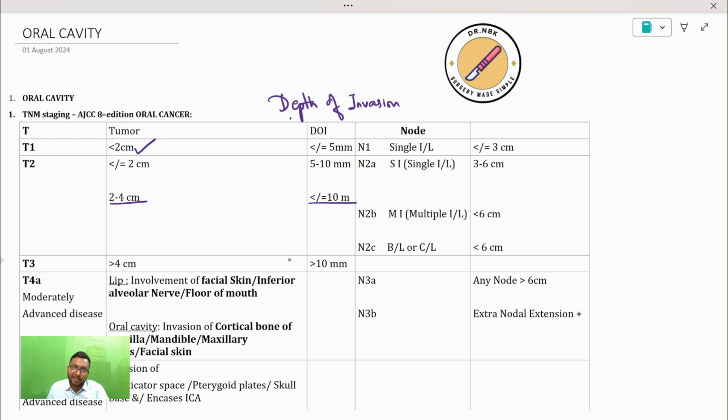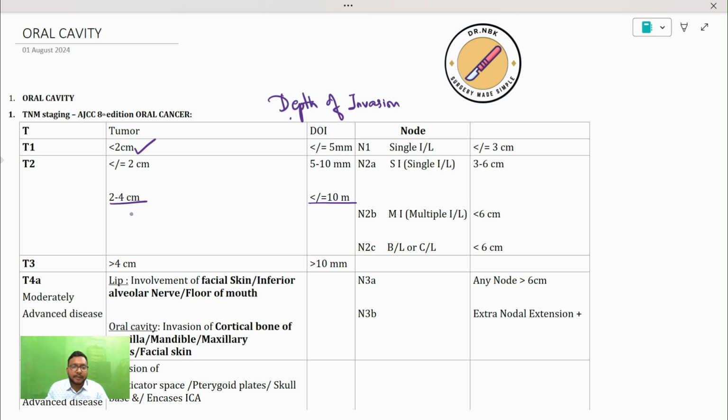Now, moving to T4A. Basically the oral cavity is adjacent to the base of skull and the masticator space and all. You can remember T4A easily with the help of adjacent anatomy. Let's say a patient has got lip cancer. Whenever this lip cancer is involving the facial skin, or infiltrating the inferior alveolar nerve or the floor of oral cavity, this will come under T4A, which is moderately advanced disease.